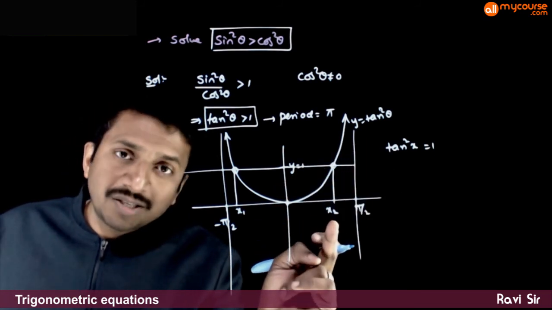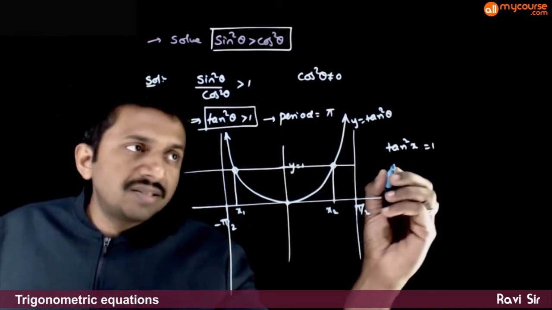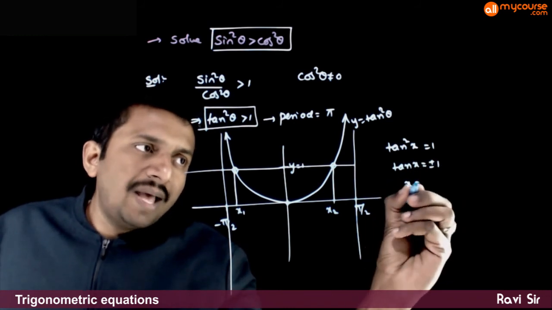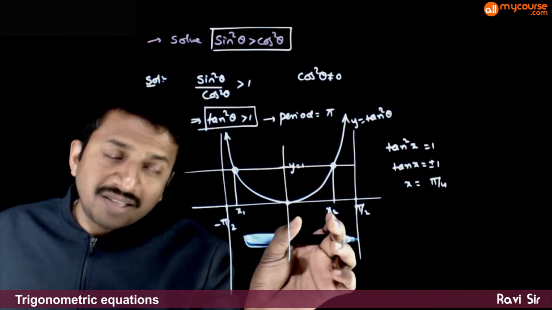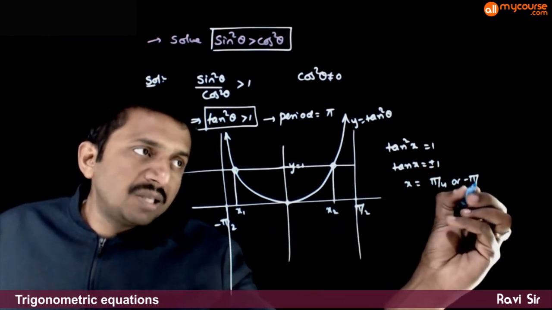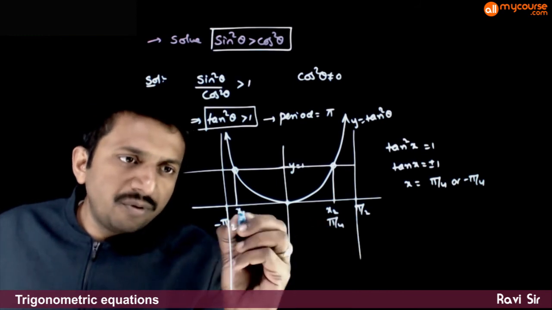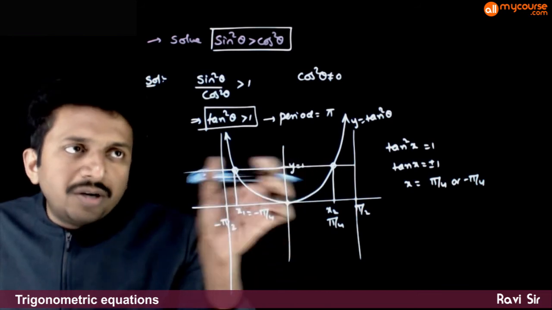That means 1 has to be equal to tan square x. This implies tan x is equal to plus or minus 1. So x is equal to either plus pi by 4 in the first quadrant or minus pi by 4 in the fourth quadrant. So this number is plus pi by 4, this number is minus pi by 4. These are the 2 points of intersection.